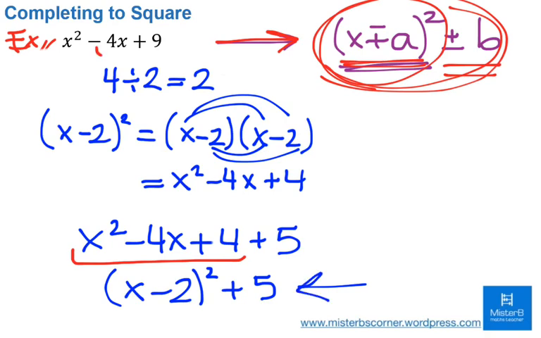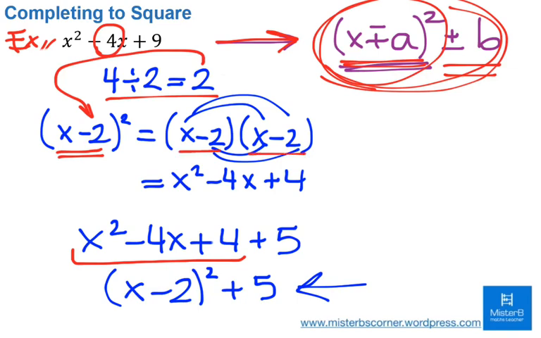So first, I divide this number by 2 to find out what's going to be here. Then I expand this perfect square. So it's x minus 2 times x minus 2, which will be x squared minus 4x plus 4. And then I compare this perfect square expansion with what I have.